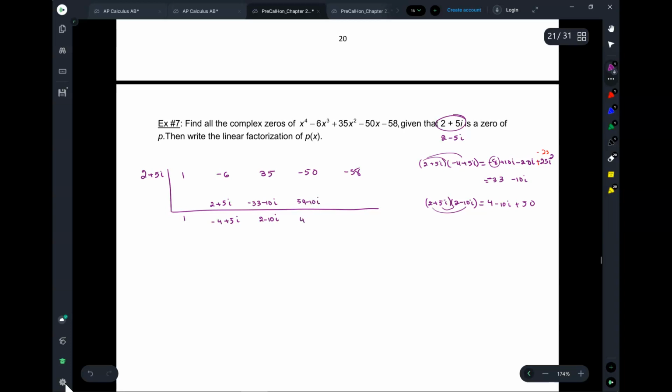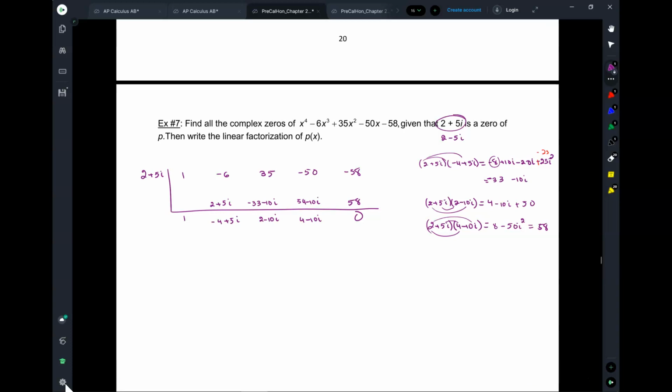And that, when you add, will be 4 minus 10i. Multiplying again, 2 plus 5i times 4 minus 10i. I get 8. And then negative 20, positive 20, they go away, right? The i's go away. And then minus 50i squared. Oh my God, that's 58. What? How did that become real?